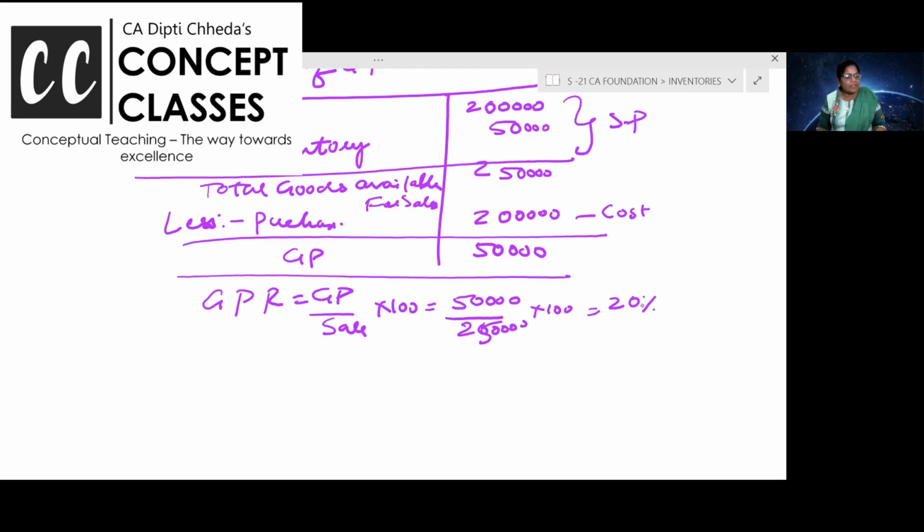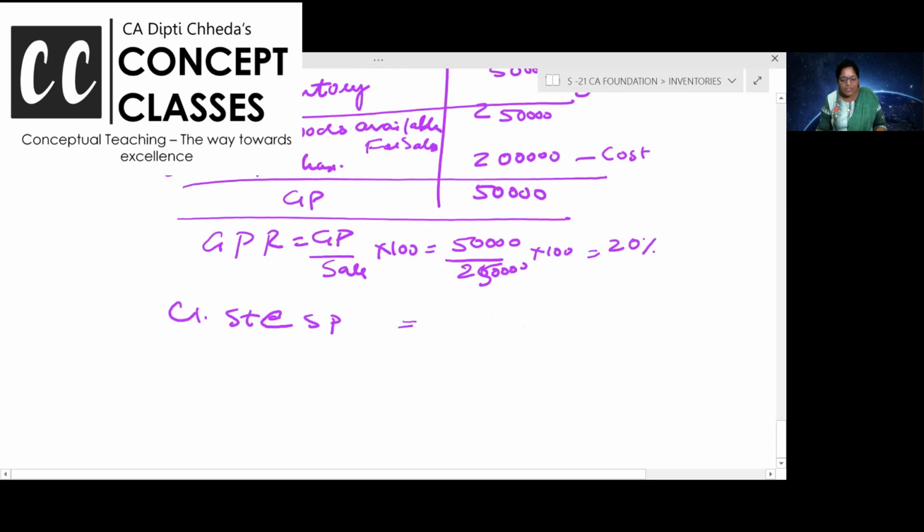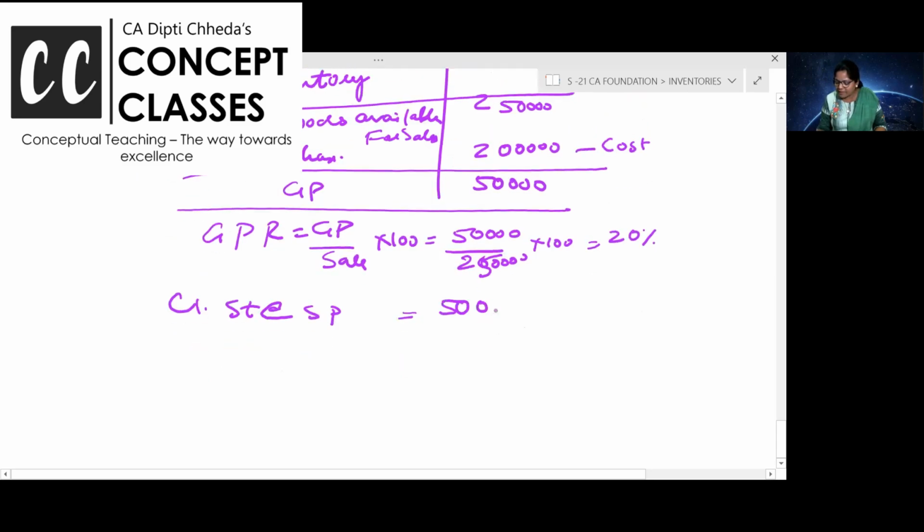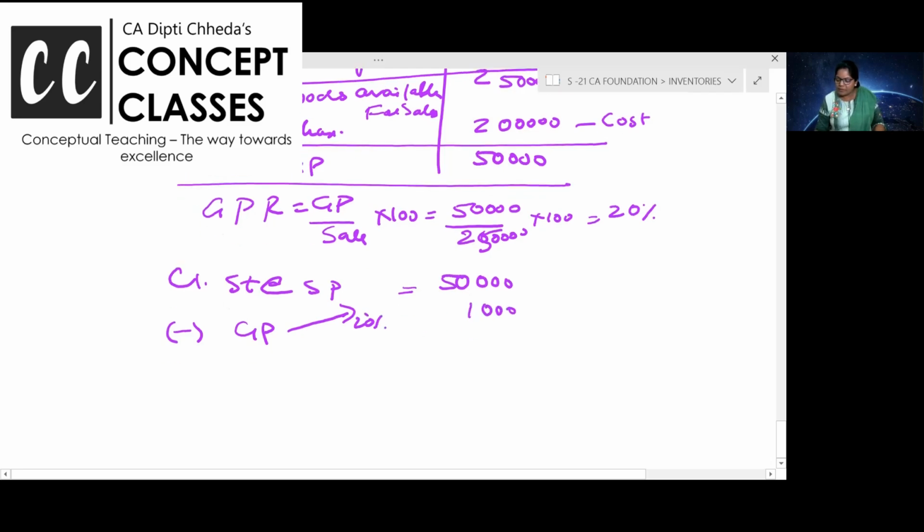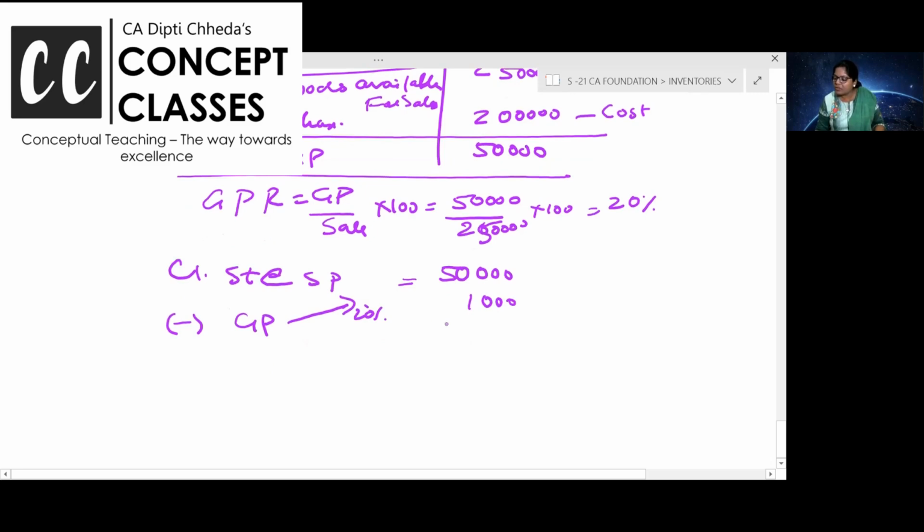This is what now? Your profit. Now you say, what is your closing stock at selling price? Closing stock at selling price is 50,000. And minus what is the GP? 20%. 20% comes to how much? 10,000. So what is the cost? 40,000.